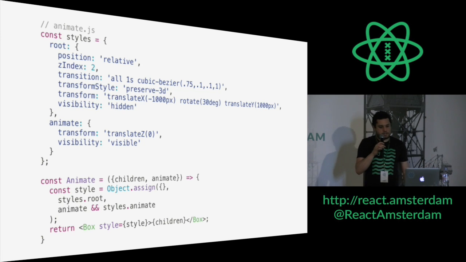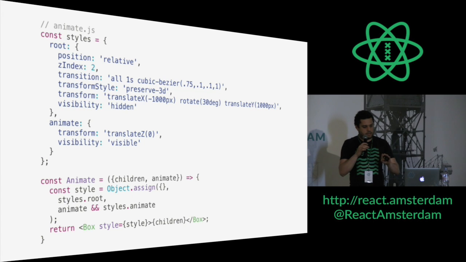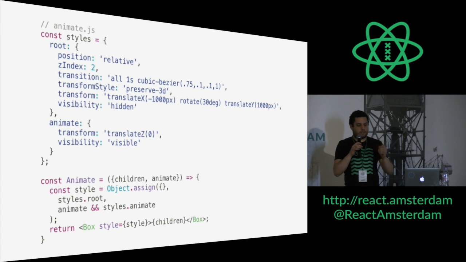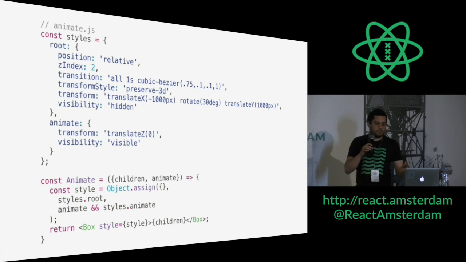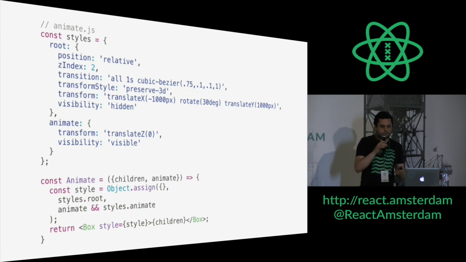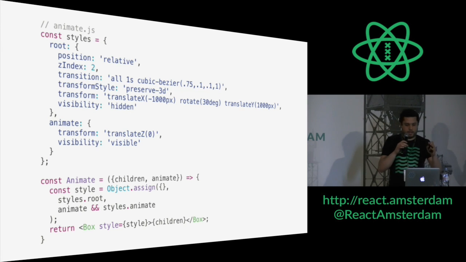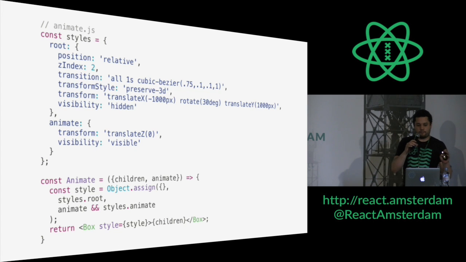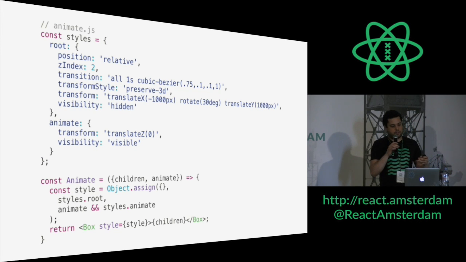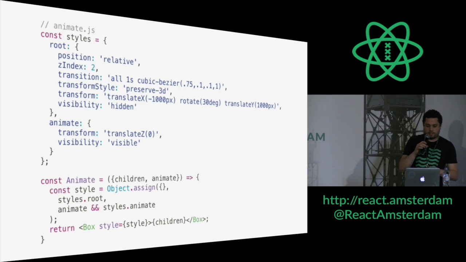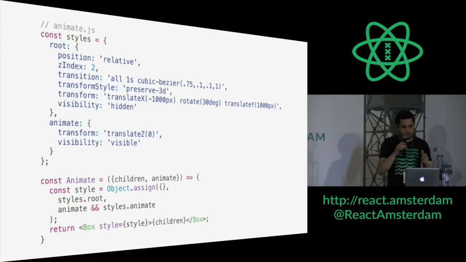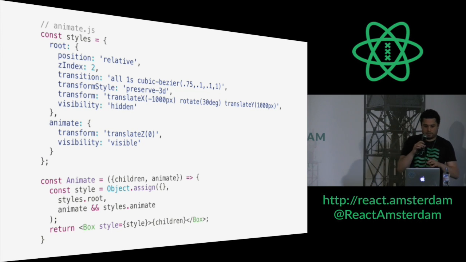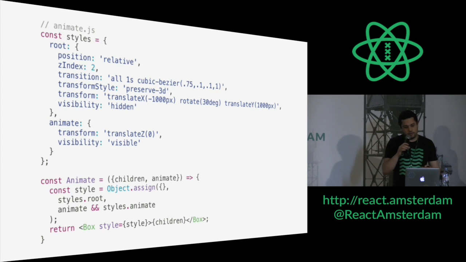Here is a very simple transition example. I have my styles, and I'm checking the prop; if it is true, then change the translate to 0, and you're going to have the animation going on.